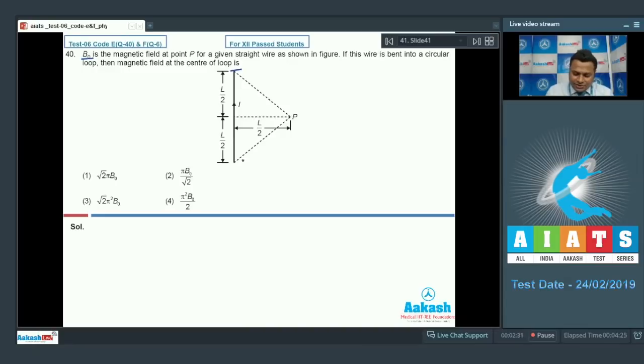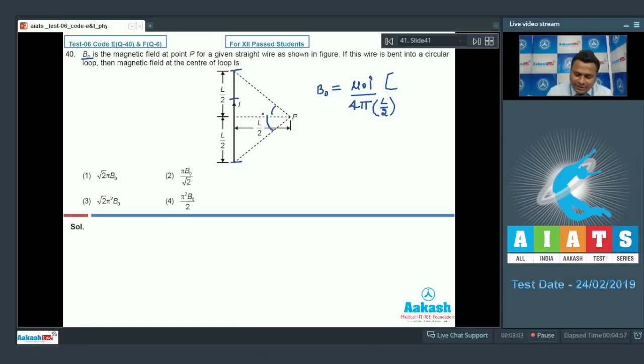Now this is a straight current carrying wire of finite length, and we know the magnetic field due to such a wire is given by, in the question B naught, that is mu naught I upon 4 pi r, where r is the perpendicular distance between wire and point, which is L by 2 here, in bracket sin theta 1 plus sin theta 2, where theta 1 and theta 2 are these angles.